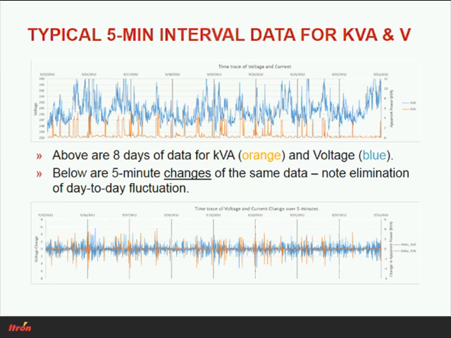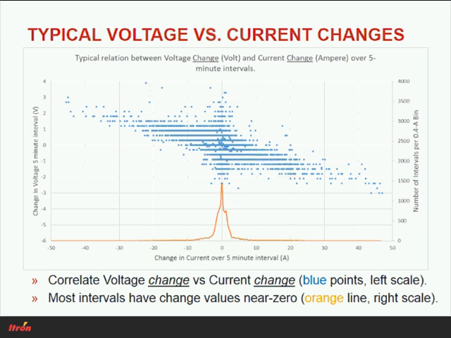Well, it turns out you can do so. I'm showing again the chart we saw at the beginning of this talk, which shows voltages and kVA, and down here again the changes. It turns out if you correlate the change in voltage to the change in current, you also get often a very nice correlation, as shown right here.